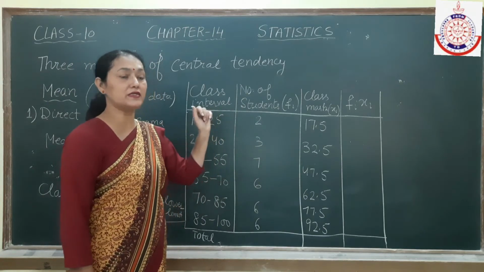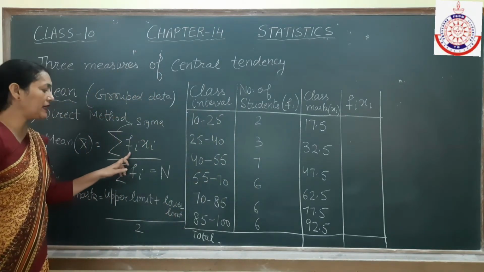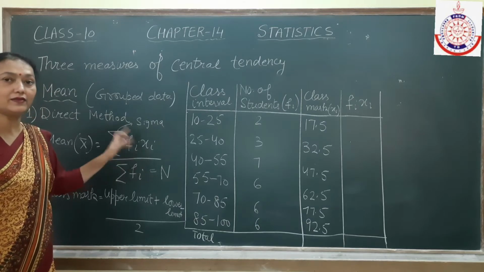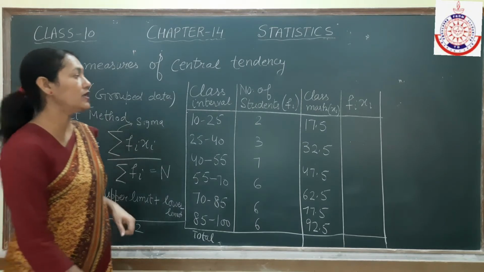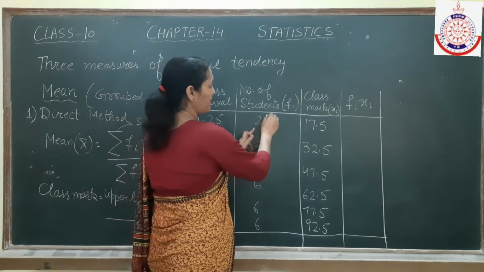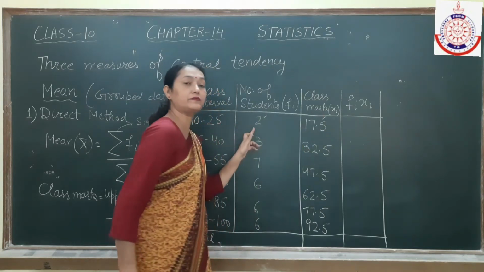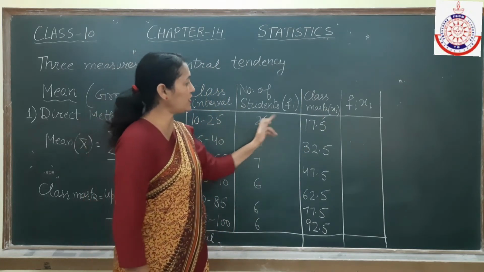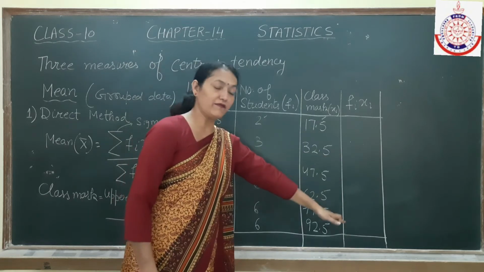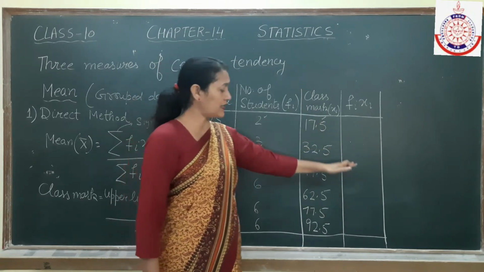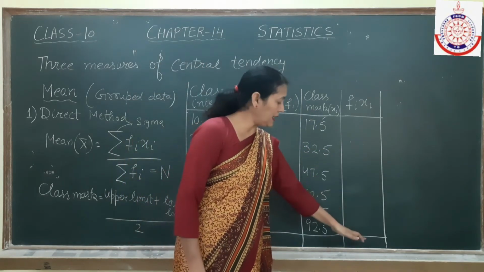Now next step is we have to multiply each fi and xi, then we will be adding them. That means we have to multiply this fi with this xi. Multiplying each fi with xi will get our values. Whatever answers we get, we will be adding all these numbers.